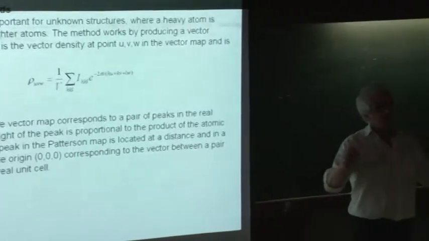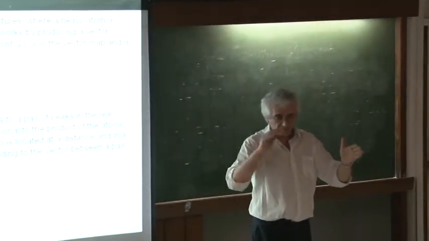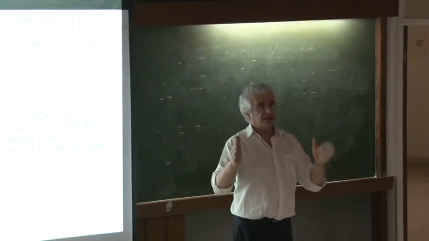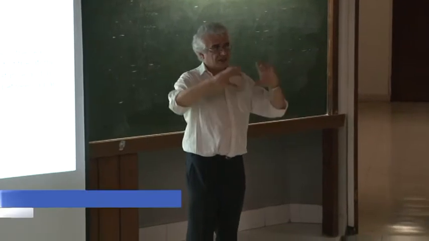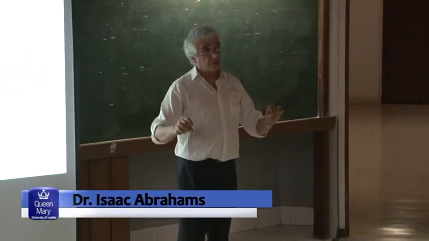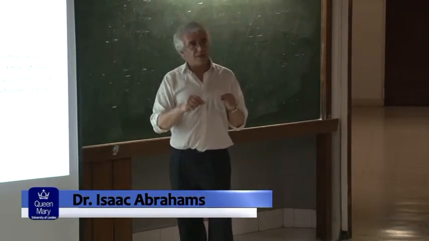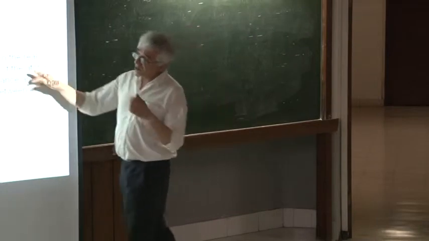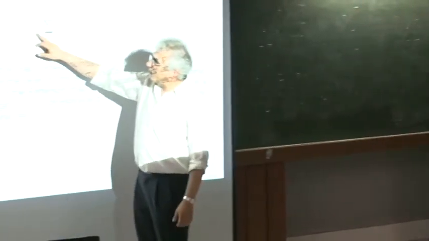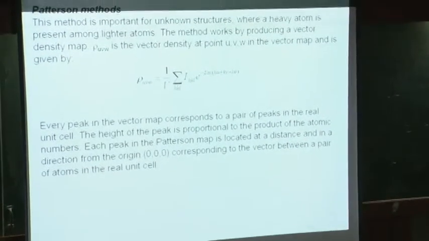U, v and w are the coordinates inside the Patterson cell. The Patterson cell has exactly the same dimensions as the real cell, but it's a vector map and not a map of electron density. If we multiply this by the reciprocal of volume, we get the density at a point uvw.